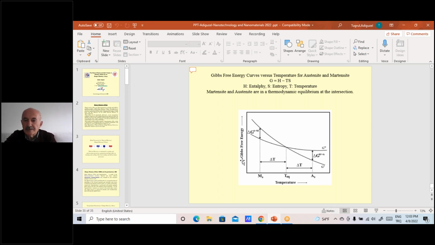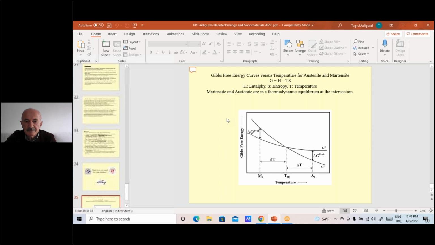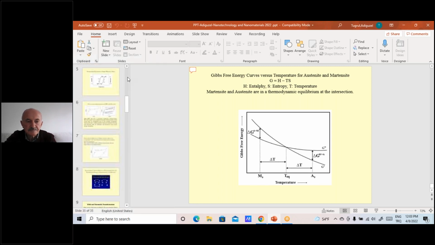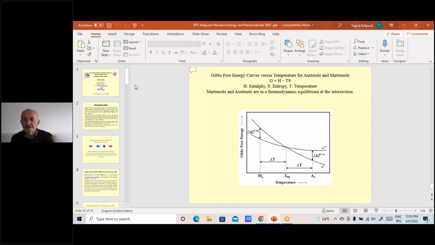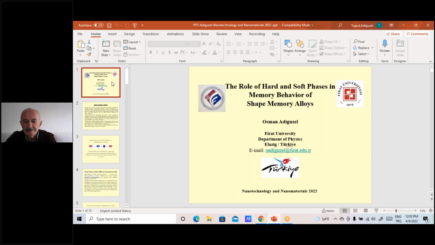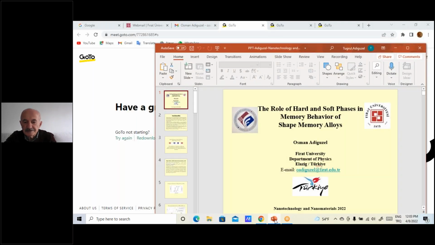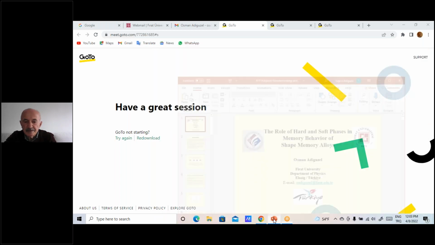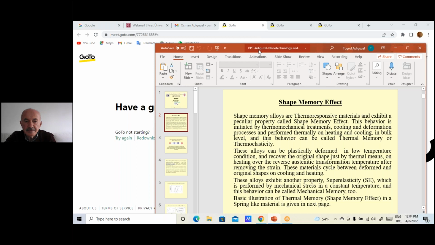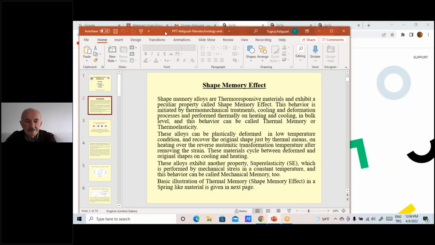Please click on the slideshow option in the upper toolbar so that it will be full screen.